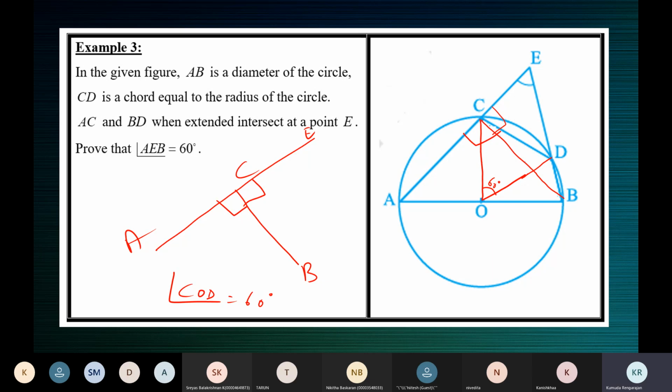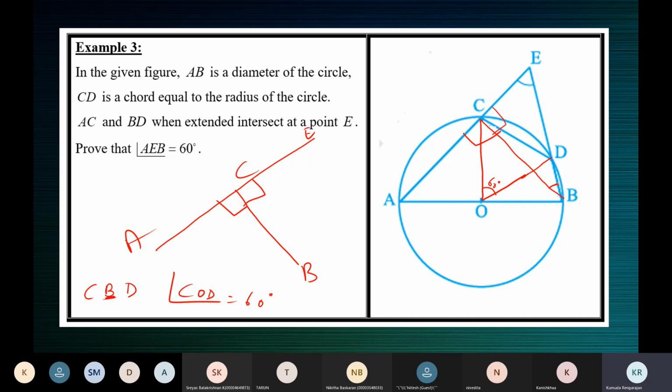Now identify an angle made by the same arc CD. You can make out from the way you name the angle. There should be CD and some other letter on the circumference. Which letters on the circumference do you have? A and B, right? CAD and CBD, ma'am. Yes, can you see the angle CBD here?